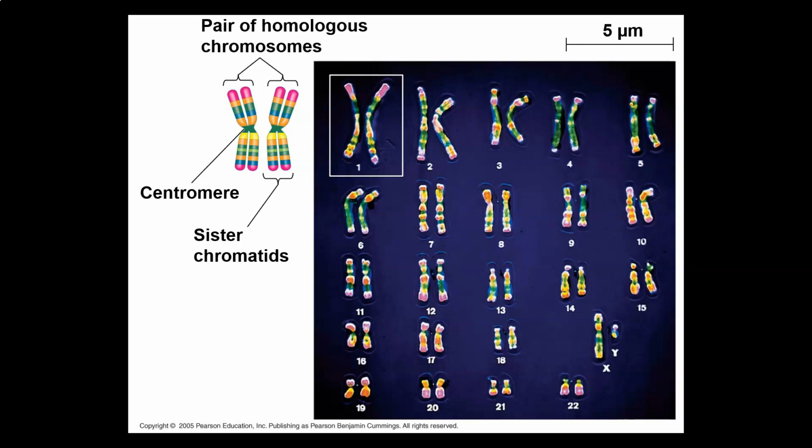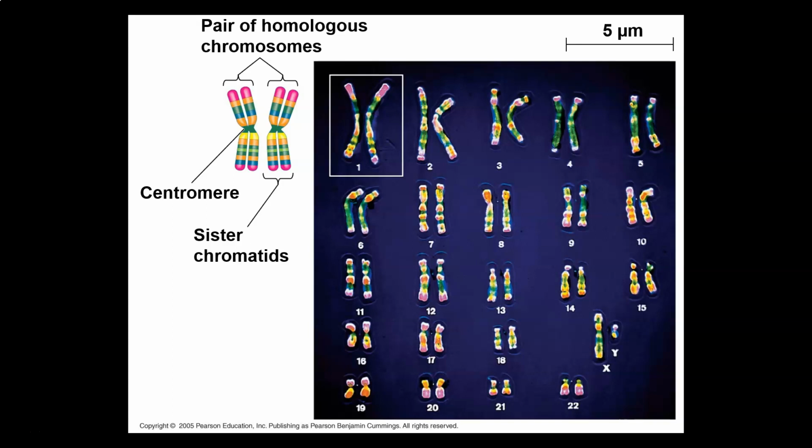But they pair up in a different way in that together they determine genetic sex. So humans that inherit an X and a Y chromosome are genetically male. Humans that inherit 2 X chromosomes are genetically female. So they are considered a homologous pair as well.